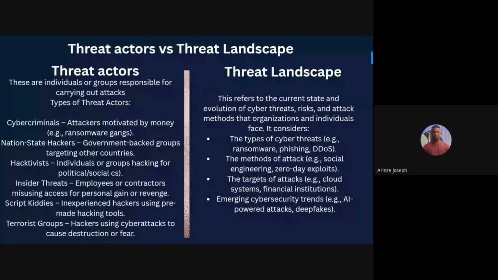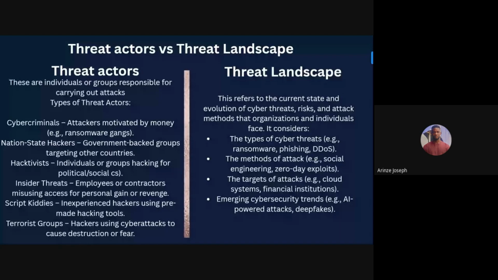Then there are the targets of attacks, like the cloud. Most everything is now going into the cloud. A lot of things are going into the cloud. So it is expected that hackers make use of this opportunity to carry out malicious attacks.